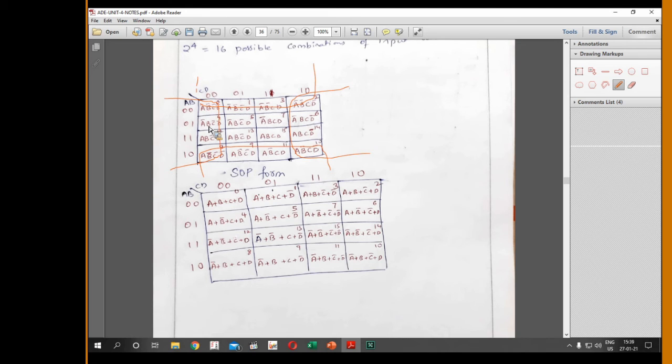Since here we have M0, M4, M12 and M8 adjacent. M8 is adjacent to M0. M8 is also adjacent to M10. So next, M0 is adjacent to your M2. So the rightmost column is adjacent to the leftmost column. The topmost row is also adjacent to the bottommost row.